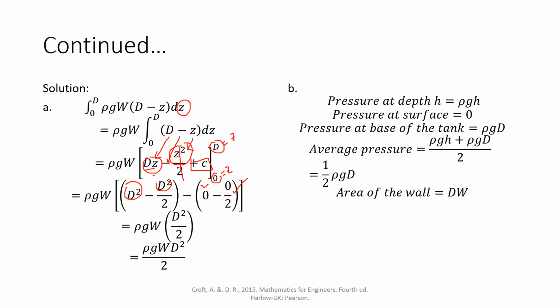Area of the wall is, because the tank was like this. Okay, this was the tank. If this is height and this is width, so this will be the area of the wall.